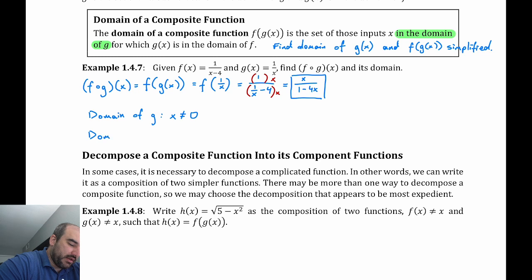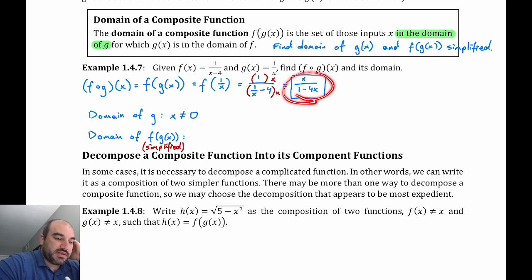And then the domain of f of g of x. What about that? What can you tell me about the domain of the simplified version? I guess I should put simplified there. What can you tell me about the domain of this expression here, the x over 1 minus 4x? X can't equal 1 over x.